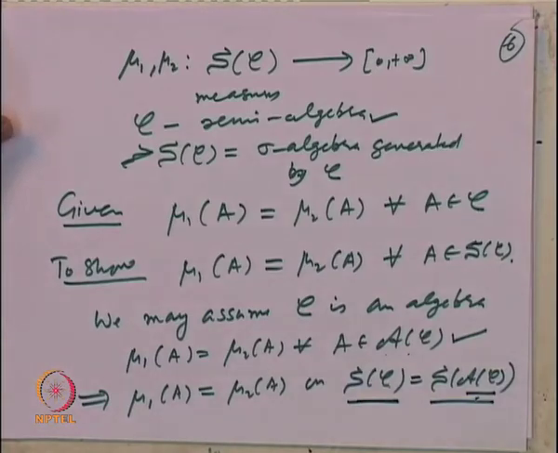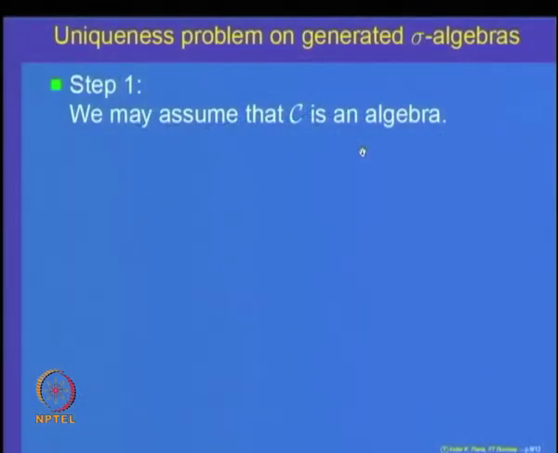As a first step in our proof, we can assume that the given class C on which mu 1 and mu 2 agree is actually an algebra. That is the first simplification in the proof: without loss of generality we may assume that C is an algebra.